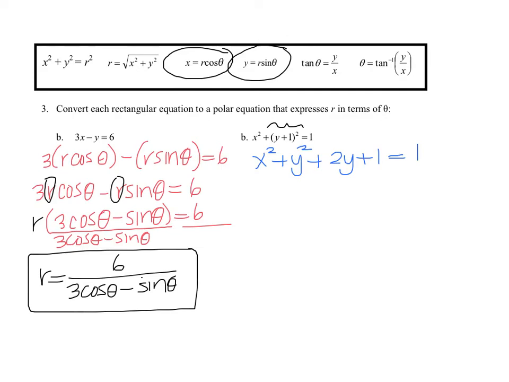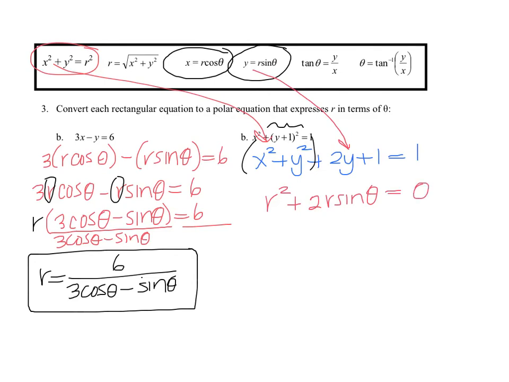I hope you recognize x squared plus y squared equals r squared, so we can make a substitution here. That's going to be r squared plus, making another substitution for y, 2 r sine theta, and then I'll subtract 1 from both sides. So that equals 0.